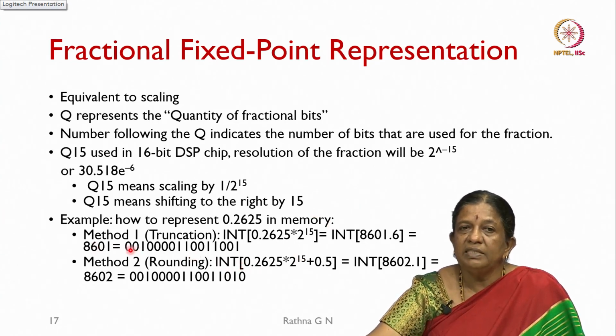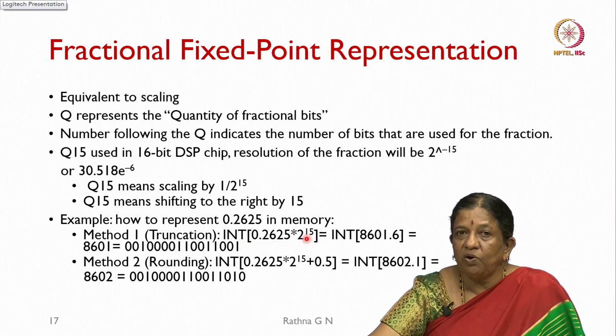So, now as an example, how are we going to represent 0.625 in memory. The first one is the truncation method. So, we take the integer value, which is nothing but 0.625 times 2 to the power 15, which I am multiplying.